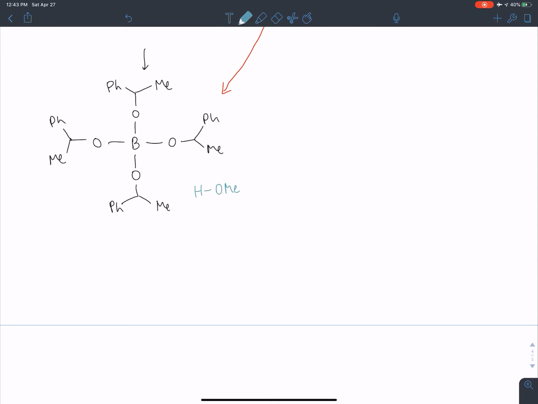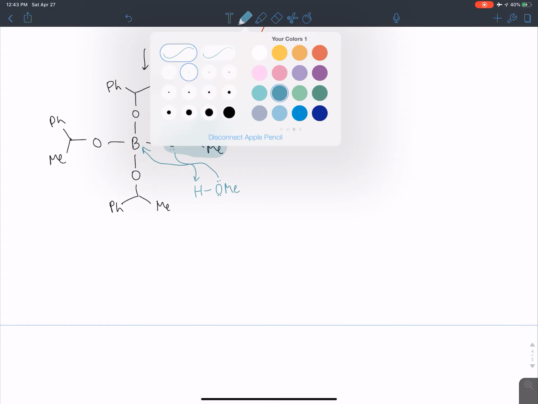Okay, and what's going to happen is that oxygen is going to attack boron, causing this molecule right here, highlighted in blue, to leave, because now this becomes a good leaving group. And take note that at the same time, again, as a concerted mechanism, this is going to attack the hydrogen here.